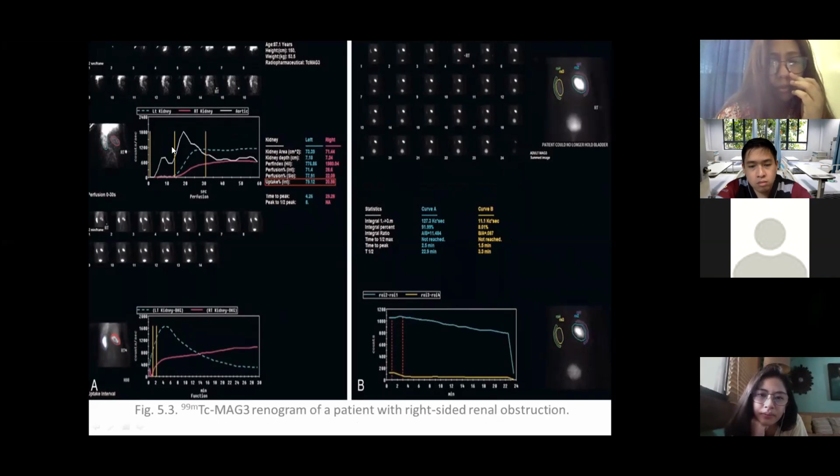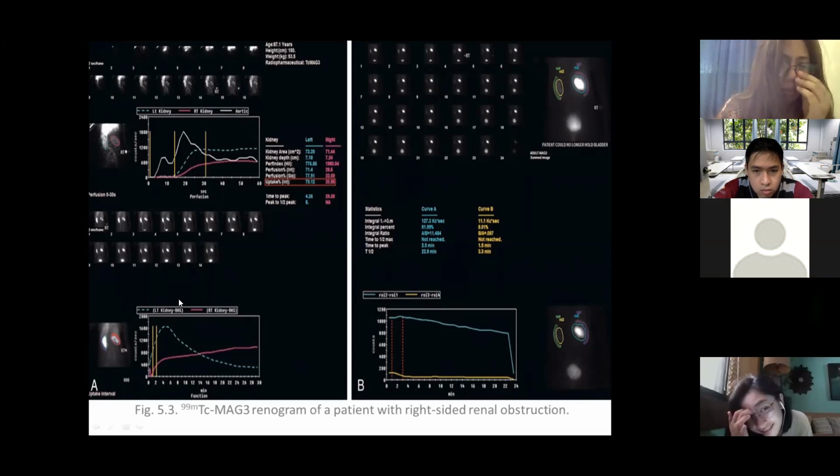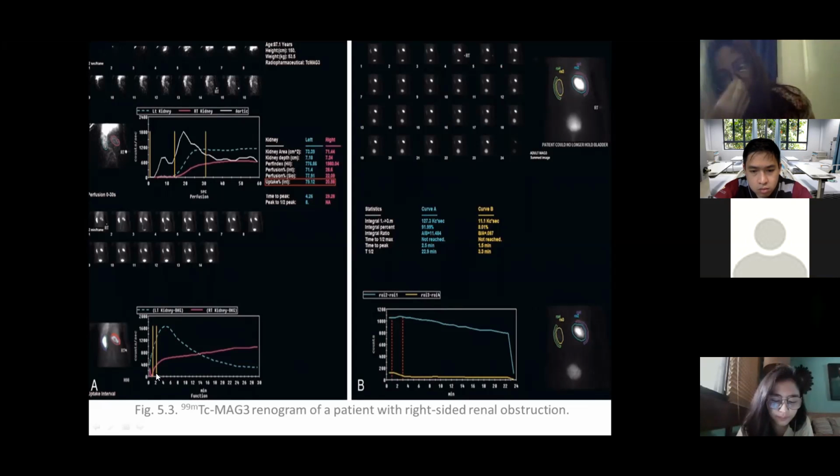Also, the white curve representing the aorta has an irregular shape, which is secondary to the scoliosis of the patient. In the lower half, the functional phase, we can see that there's also a delayed and increasing uptake of radiotracer within the initial 30 minutes of administration.